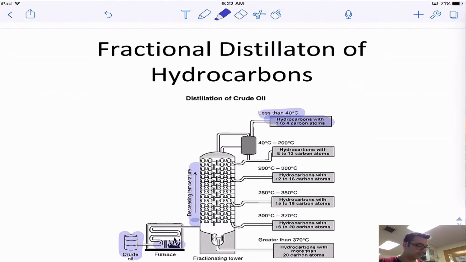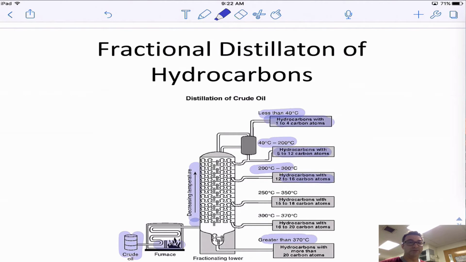But as we look at the heavier ones like pentane, these will start to condense when their temperatures drop to between 40 and 200. And the ones between 12 and 16, they'll start to condense when the temperature cools to between 200 and 300, and so on. Some of them will stay as liquids even at temperatures greater than 370.